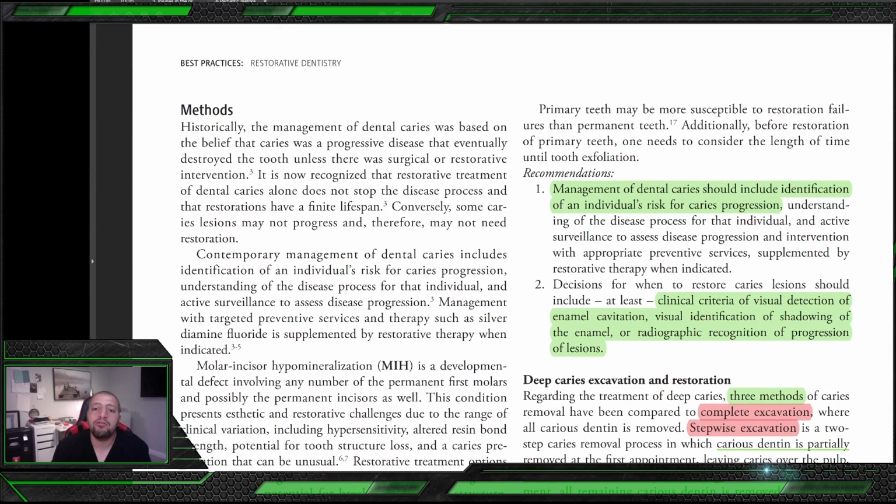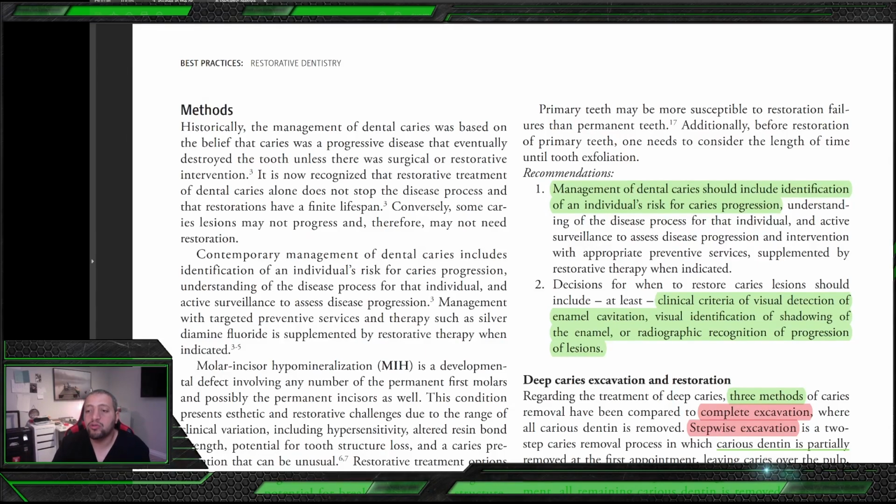Okay, so management of dentinal caries should include identification of individual risk for caries progression. As we said before, this is the same story as the previous article, and he's adding more. We're going to keep repeating it because when you hear more, it digs deep inside your mind.